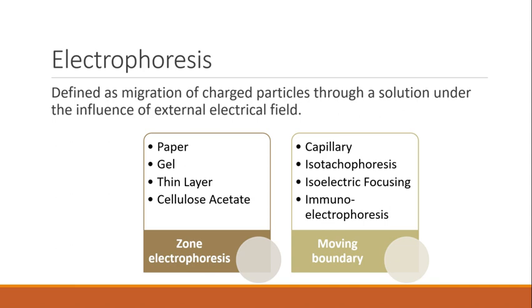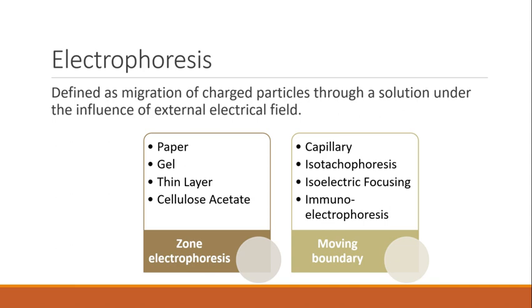Moving boundary allows the charged species to migrate in a free moving solution, which is the buffer solution with a supporting medium. So instead of showing movement towards a particular electrode on that medium itself, it transfers itself to the buffer solution. This is the difference between the two.